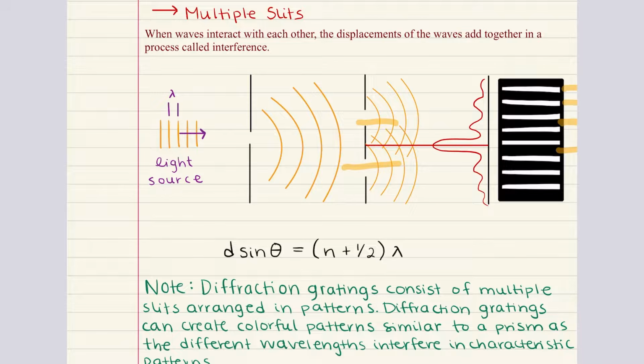This alternating pattern of bright and dark regions on the screen reveals the wave nature of light, and the positions of these dark fringes can be calculated using this formula right here. d sine theta is equal to (n plus 1/2) multiplied by lambda. d is the distance between the two slits.